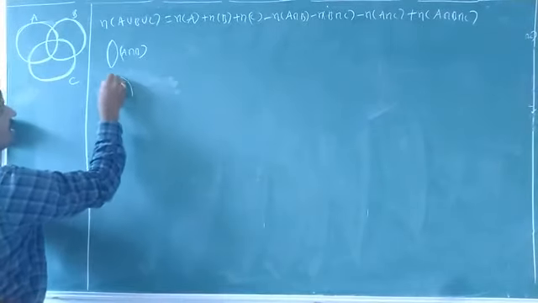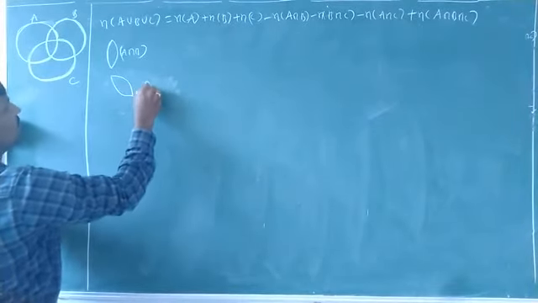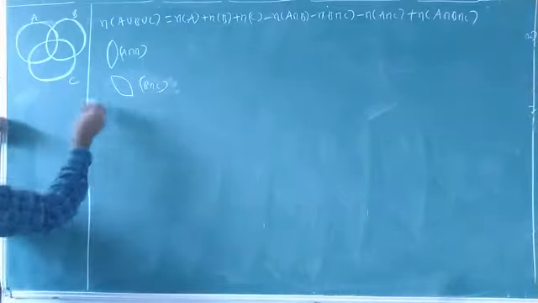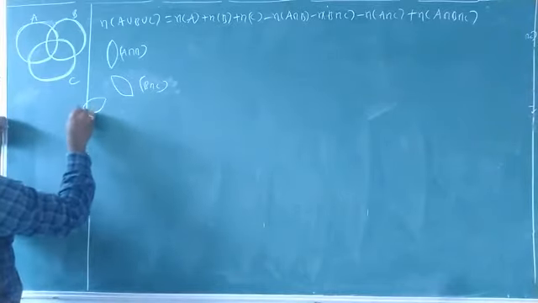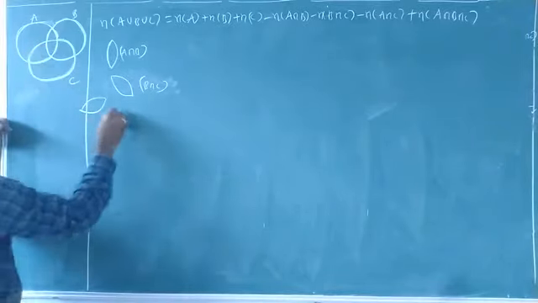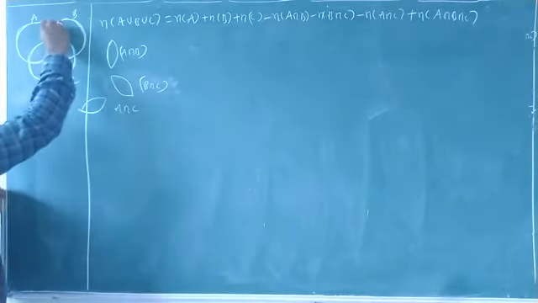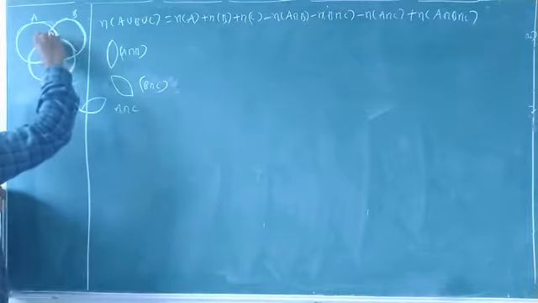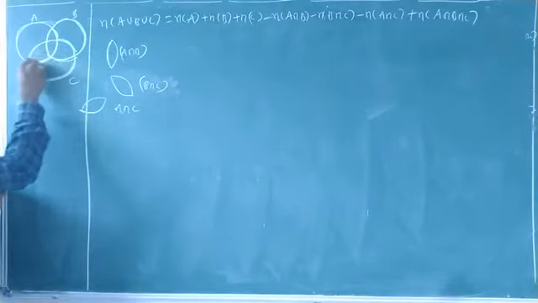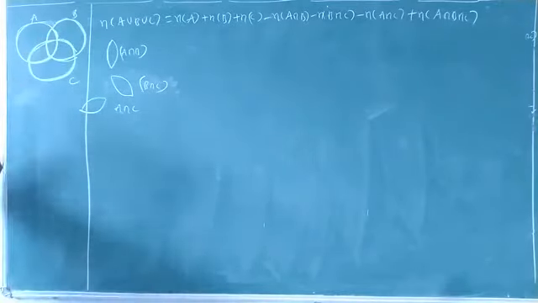Like this I can write, you can understand. What about this part? This part A intersection C. Okay, this one A intersection B, this one B intersection C, and this one A intersection C.